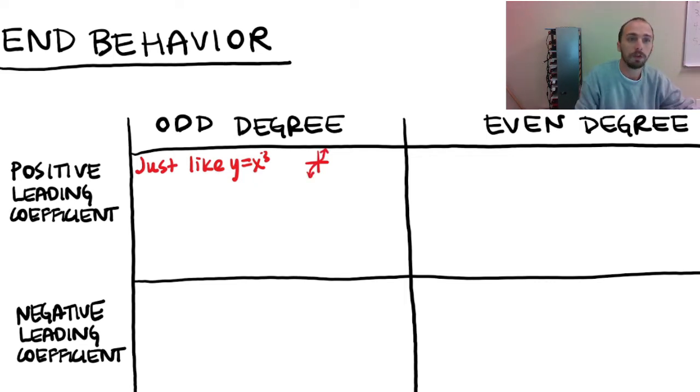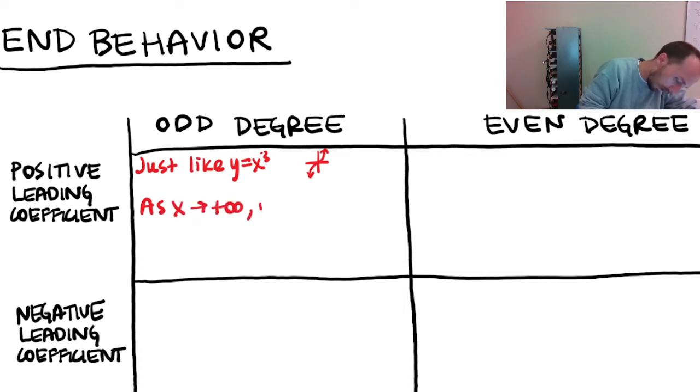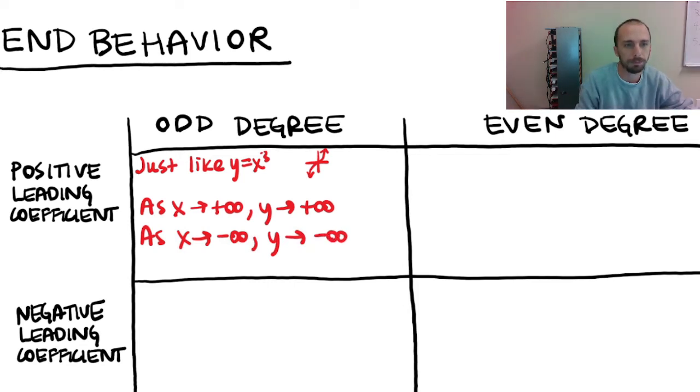So that's going to be as x approaches positive infinity, y approaches positive infinity, and as x approaches negative infinity, y is approaching negative infinity.